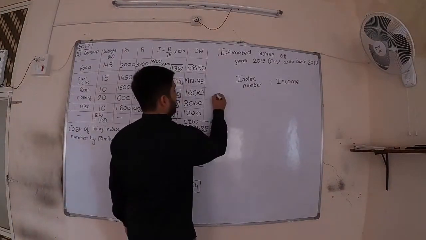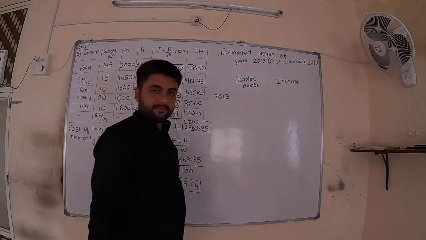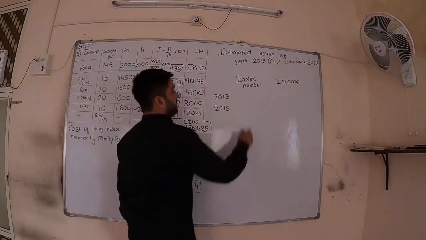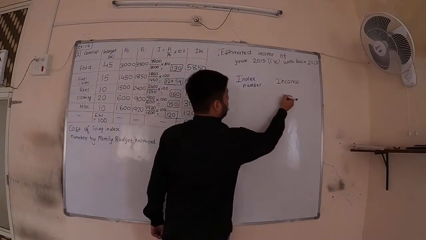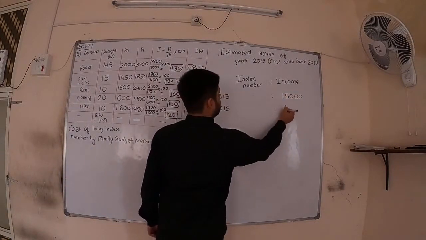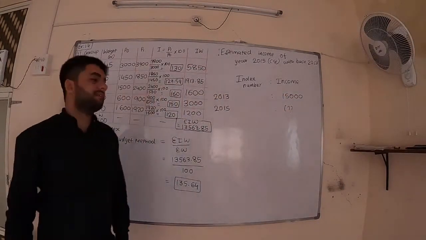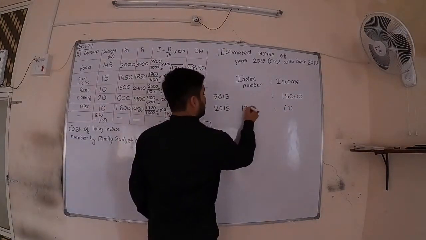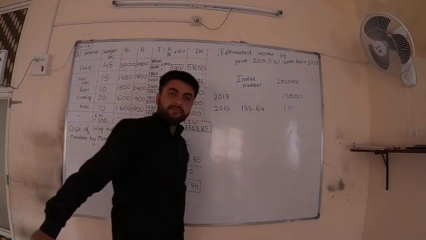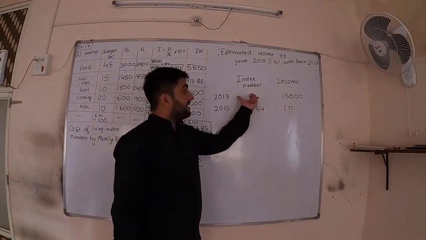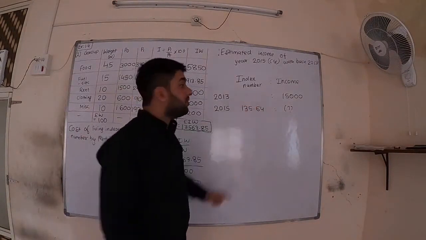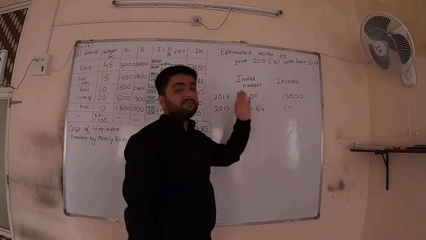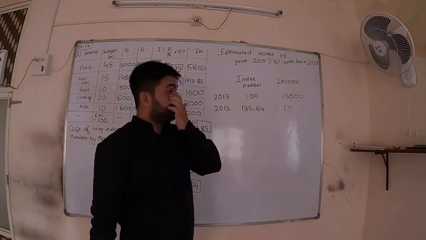So for 2013 the income is given, 15,000, and for 2015 we need to estimate the income. For the year 2015 the index number is 135.64. Now the index number of base is how much? Always 100, as I said. This is not given in the book, but you need to know it.